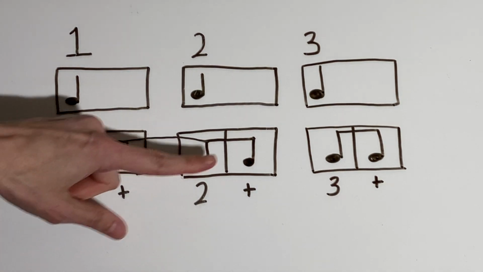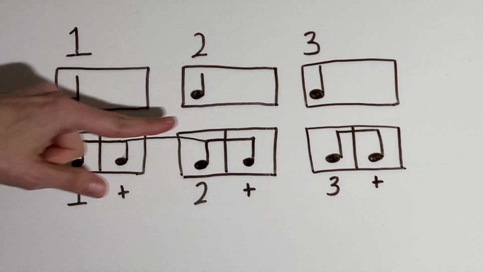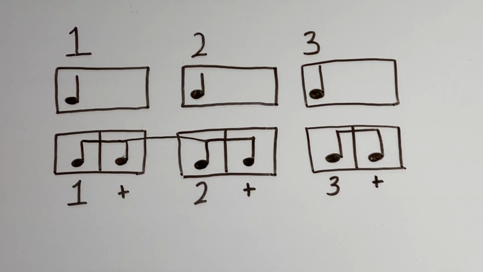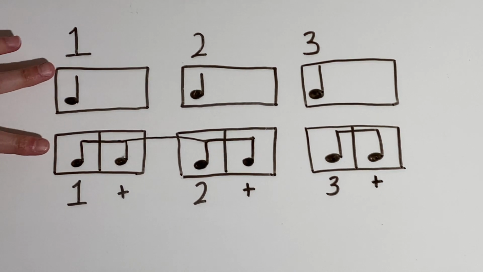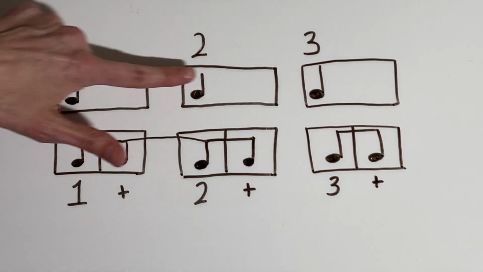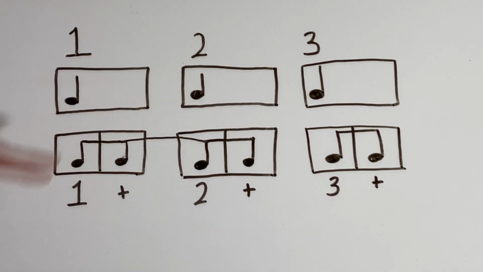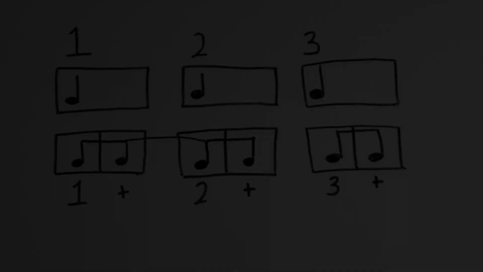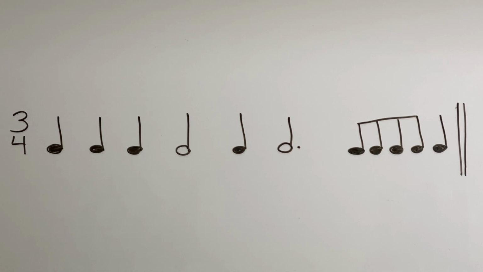If I have 4 8th notes all grouped together with one big long bar line, how many counts is that going to equal in our 3/4 measure? Well, I hope you said 2. I hope you can see how these 4 are going to equal the same as 2 of our rectangles up here.